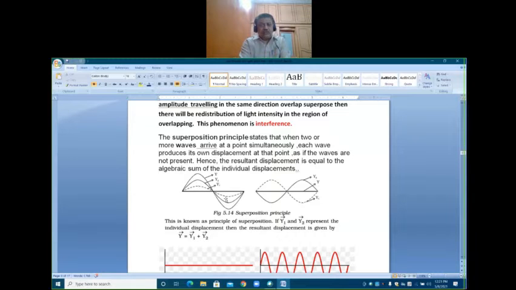This is what we discussed yesterday. So a crest falling on a crest, a trough falling on a trough: if one displacement is y1 and the other displacement is y2, the resultant is y equals y1 plus y2.